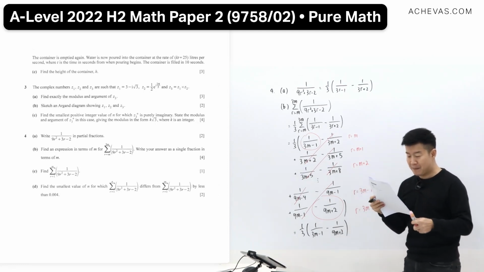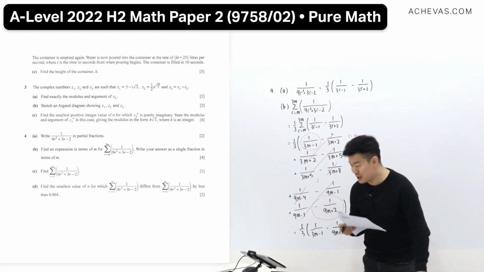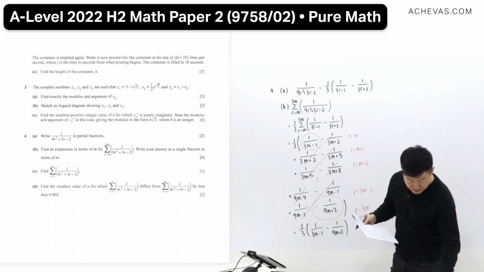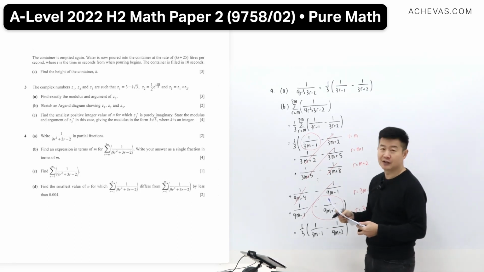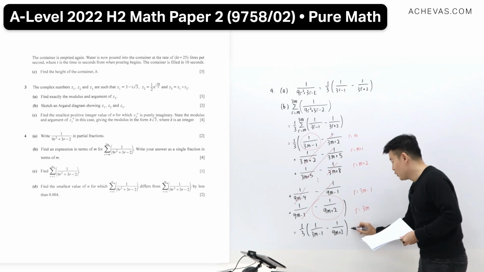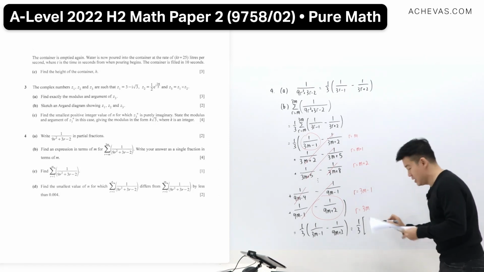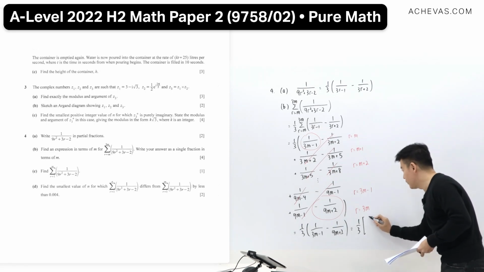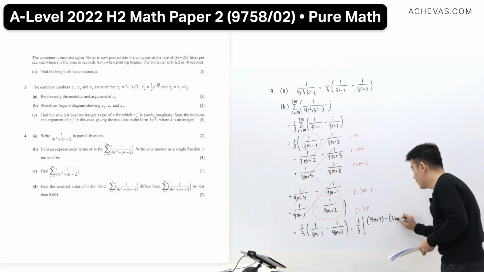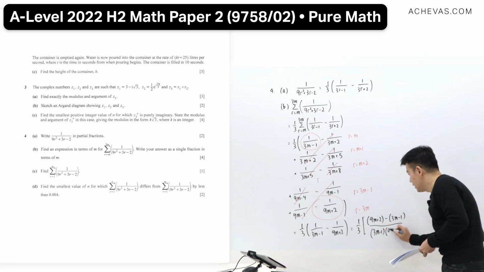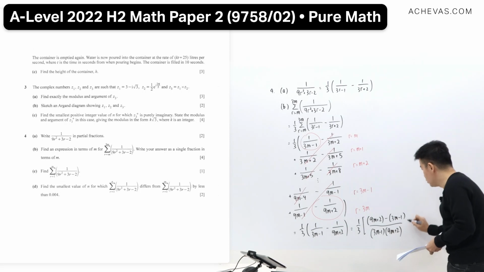This could have been my answer if not because the question actually says that we are supposed to write down our answers in a single fraction in terms of m. Okay, so too bad. We need to continue with this, which is 1 over 3. Rewriting this into a single fraction, 9m plus 2 minus away 3m minus 1 divided by 3m minus 1, 9m plus 2.